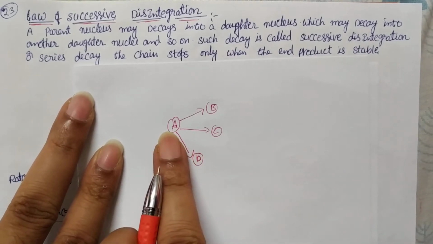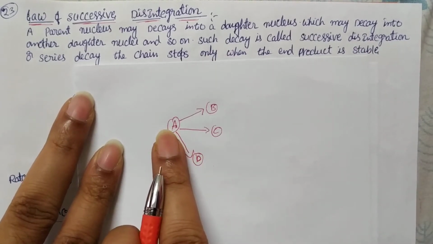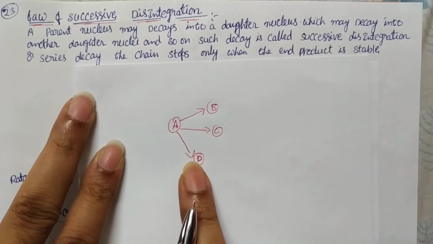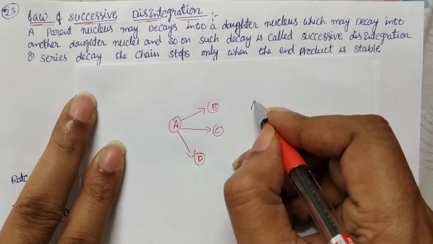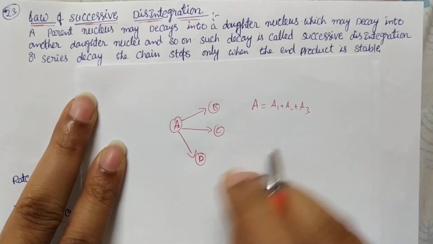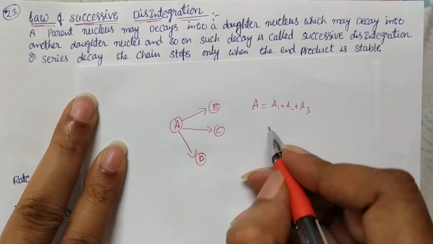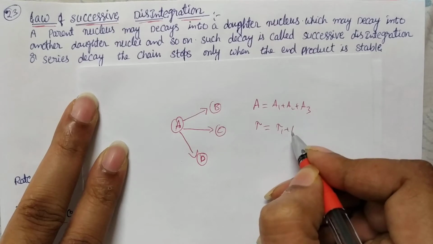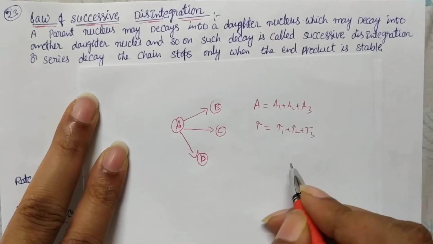So here this material, with a high speed, that is immediately, will be converted into different materials. There we discuss what activity is. Activity is A1 plus A2 plus A3, since there are three different independent paths. And this disintegration constant is lambda 1 plus lambda 2 plus lambda 3.